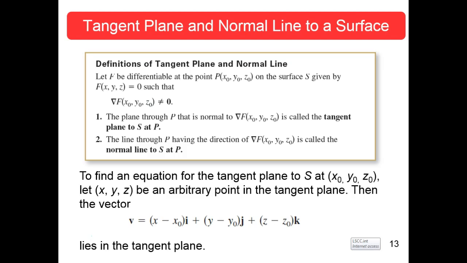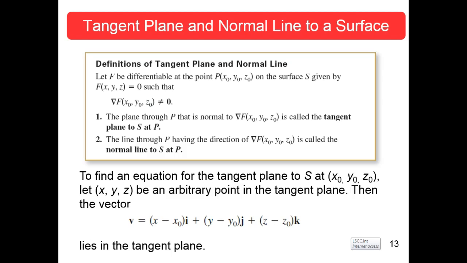To find an equation for the tangent plane to that surface S at the point x0, y0, z0, which is point P, let x, y, and z be an arbitrary point on the tangent plane. Then the vector v, which is x minus x0 i plus y minus y0 j plus z minus z0 k, lies in the tangent plane.